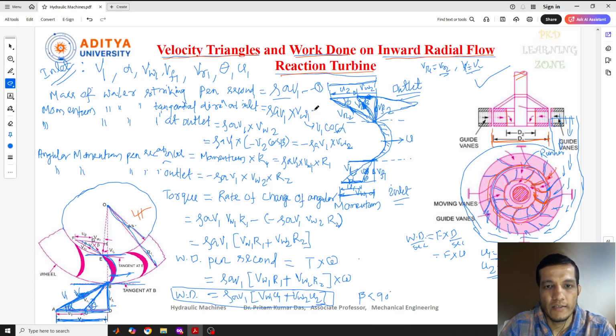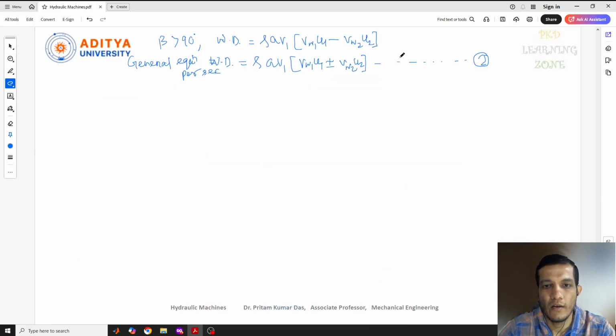This is equation 2, similarly this is equation 3, and angular momentum equation 4. This is outlet, equation 5, change of torque equation 6, this is equation 7, and this is equation 8, and finally this one we can give equation 9. So up to here it is now clear.